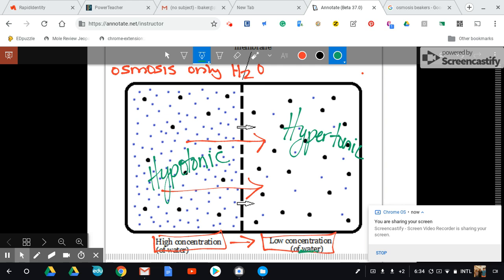So wouldn't it be safe to say that I'm going to go from a hypotonic solution into a hypertonic solution? That's how water moves. It is passive transport. We don't need any energy to do so. Okay, let's look at our next picture.